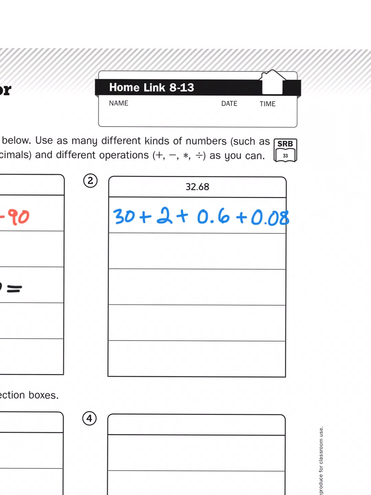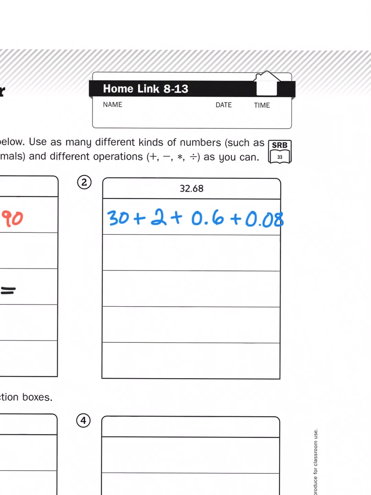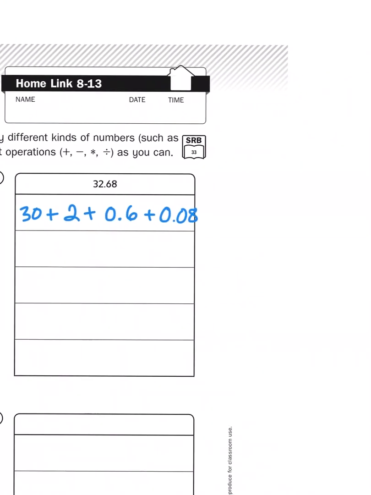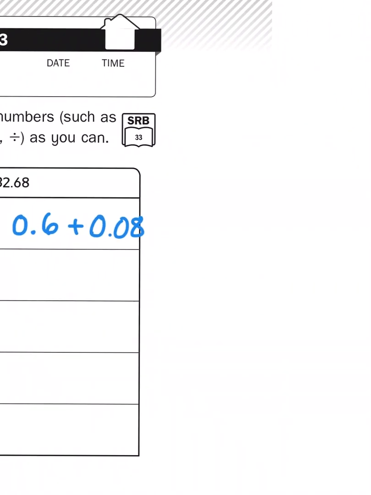But I thought it might be interesting to challenge you by coming up with a way to represent this using multiplication and division. Dealing with decimals is sometimes a little daunting. So what I like to do is take that number and ignore the decimal for just a moment and just deal with the digits.